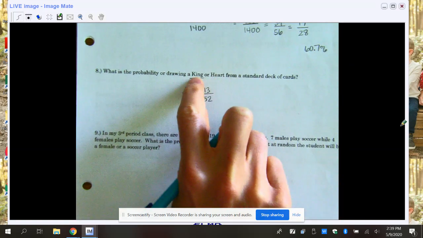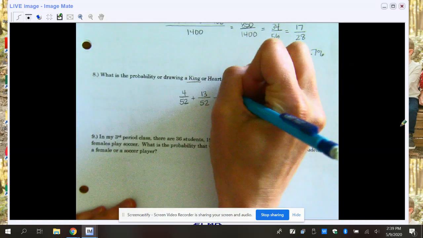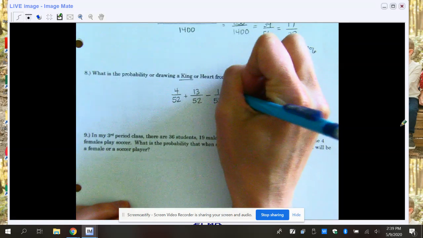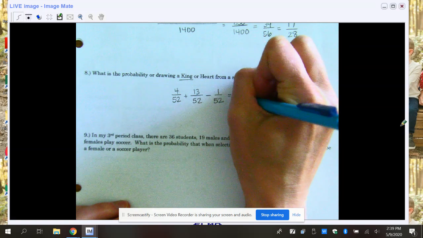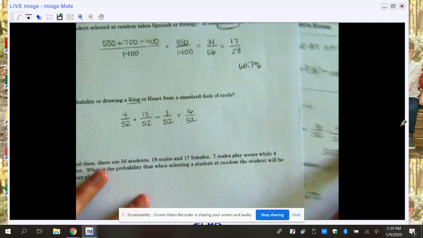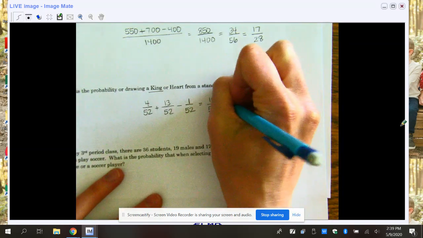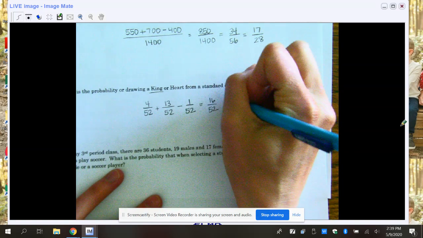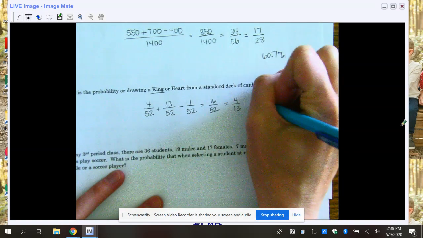One of those hearts is also a king, so we need to subtract that. 17 minus 1 is going to be 16. We already did that because this was basically the exact same problem, just a jack. So that's going to be 4 out of 13, which is 30.8%.